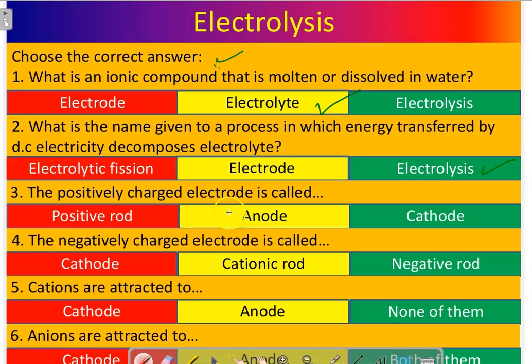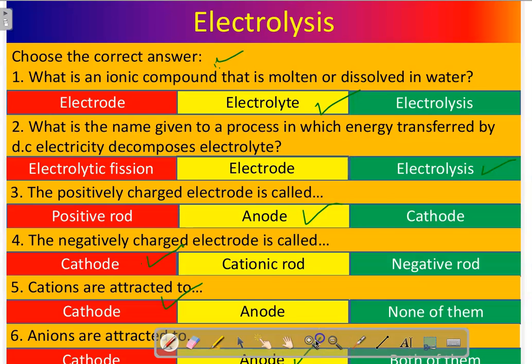Question 3, the positively charged electrode is called anode, and the negatively charged electrode is called cathode. Again, cations are attracted to cathode and anions are attracted to anode. Right. So that is it for this exercise.